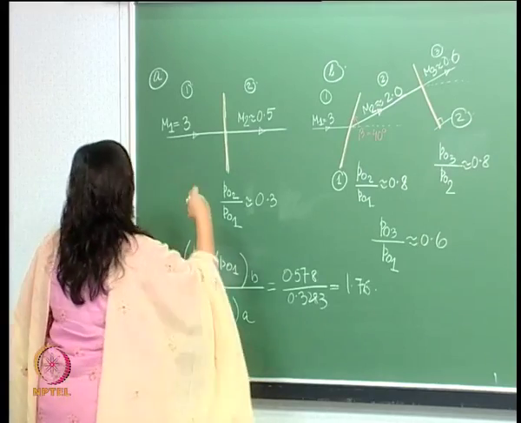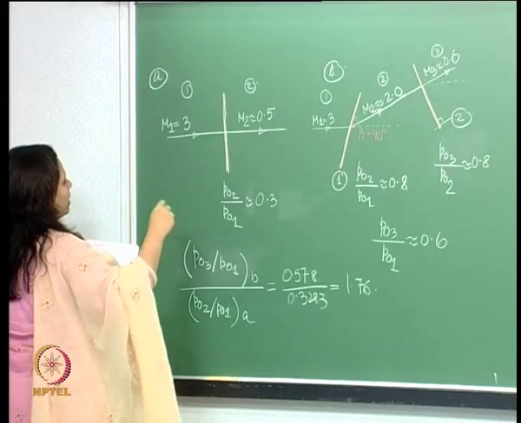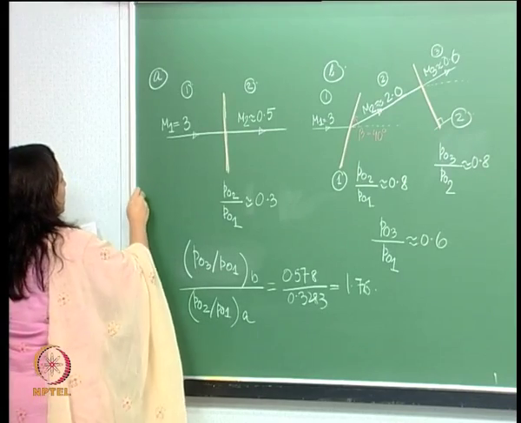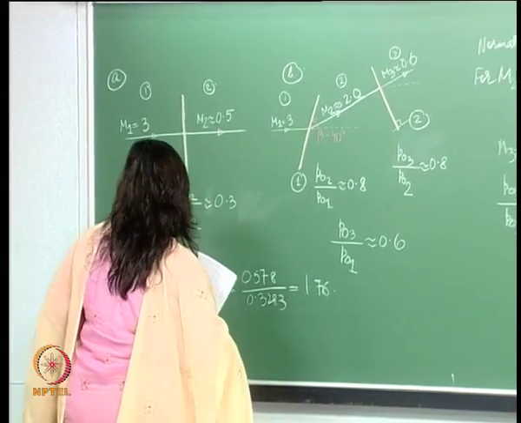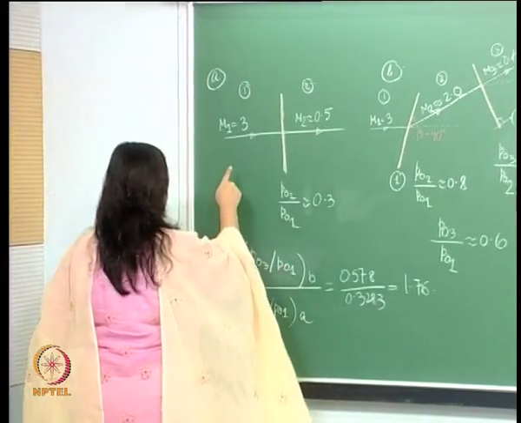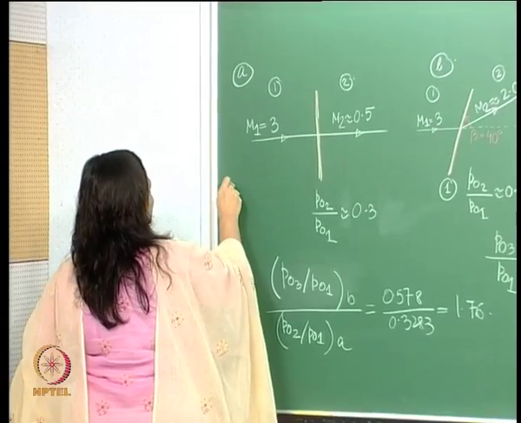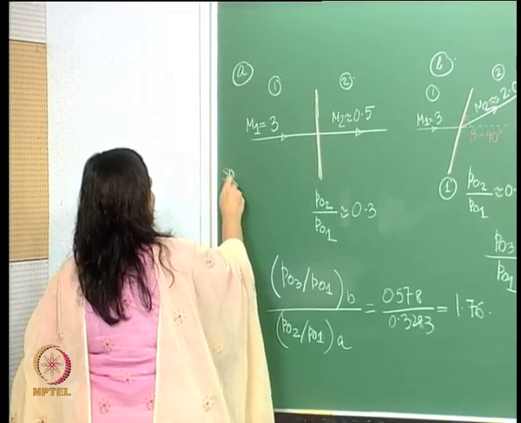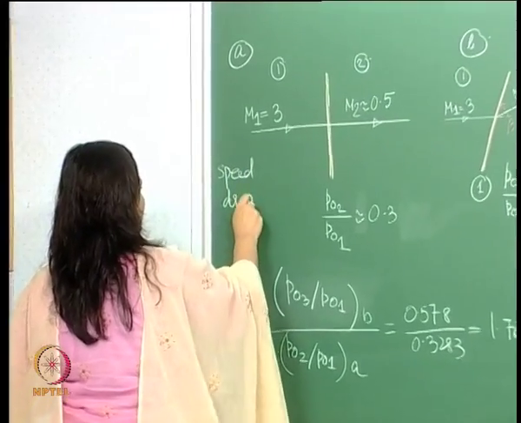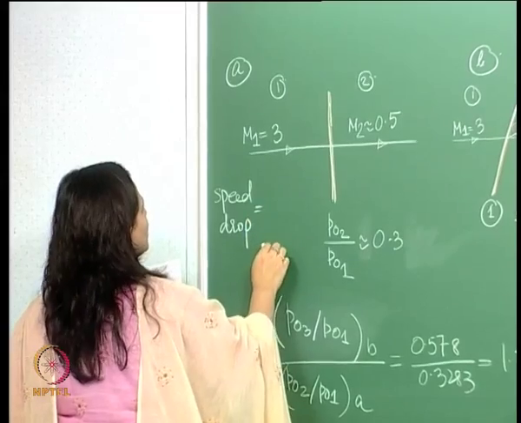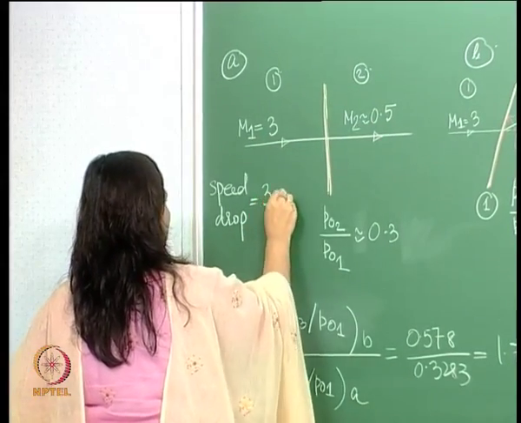So in this particular case, the reduction in Mach number, the speed reduction I would say, let's write it over here. Let me write it this way: drop in speed is equal to, basically it goes from 3 to around 0.5. So this is it.